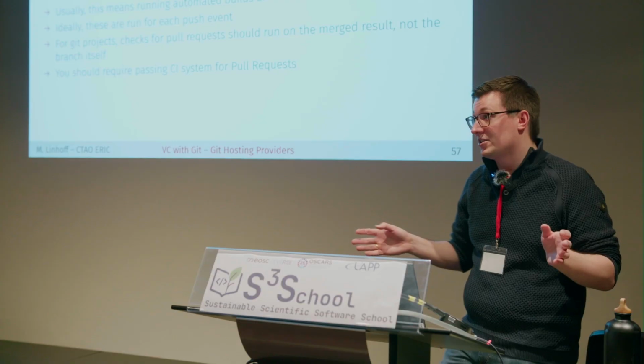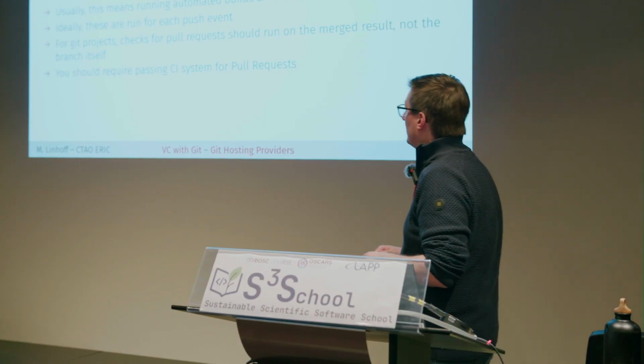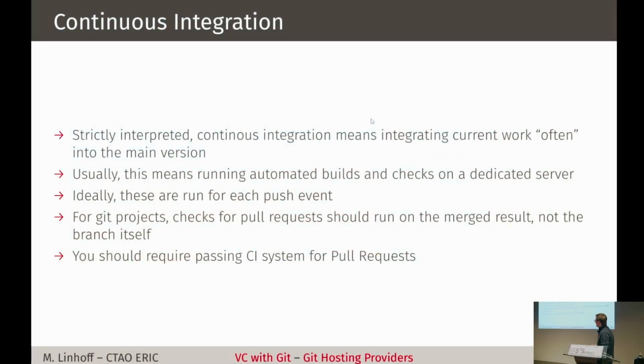We have a full lecture on continuous integration tomorrow, but the basic gist is that you have a server that automatically runs your unit tests and sees if the changes you are proposing still work. These are run for each of the pushes you do, and especially in merge requests.